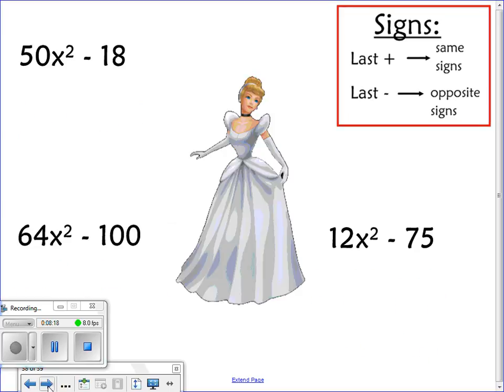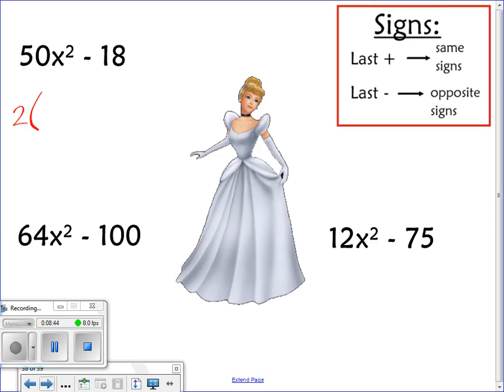All right, let's take it up one notch. 50x squared minus 18. What's the first thing you're always supposed to look for? What's the GCF? What number divides into both 50 and 18? 2. So take out the 2.